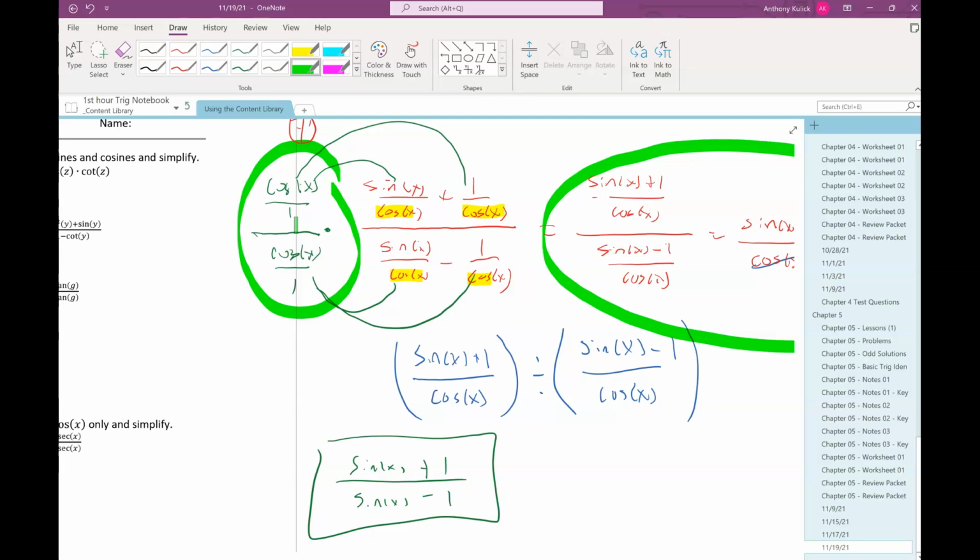Landon? So all you did was just multiply each fraction by the reciprocal of one over cos. So what I really did here is I looked at all of my denominators, and I thought, okay, what's the least common denominator if I were going to add all of these fractions together? Just cosine. So that's what I multiplied to the top and bottom, whatever would be the least common denominator of all the fractions involved.